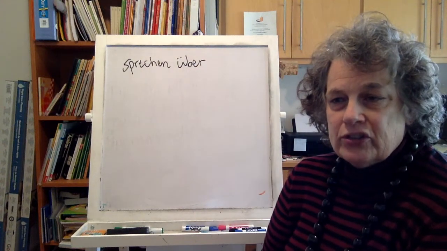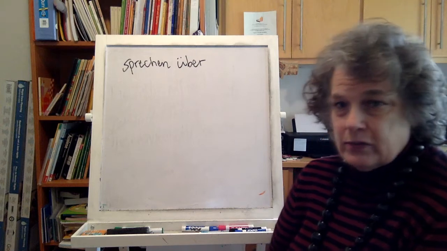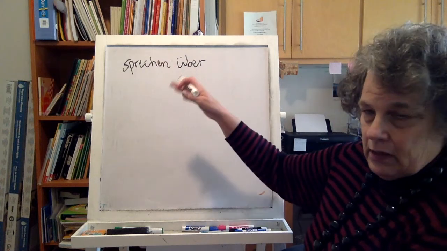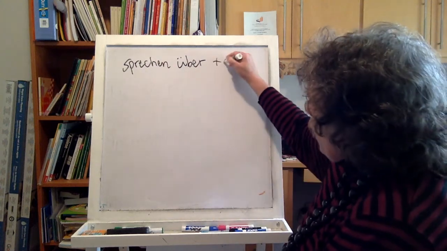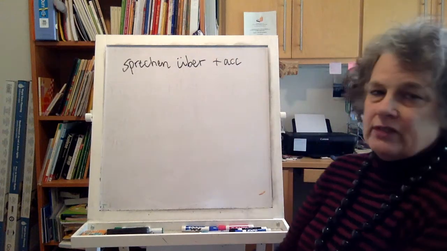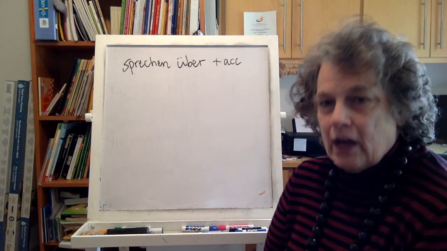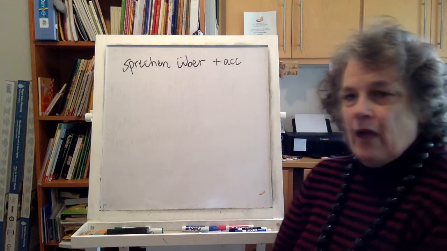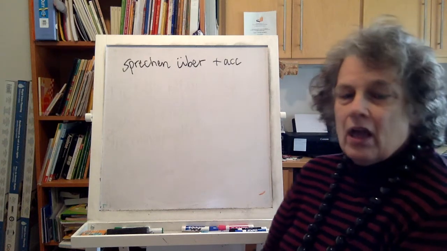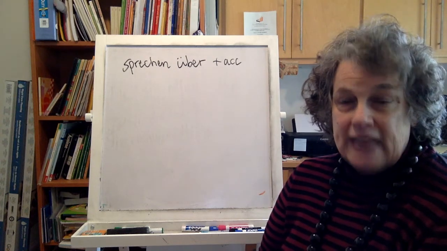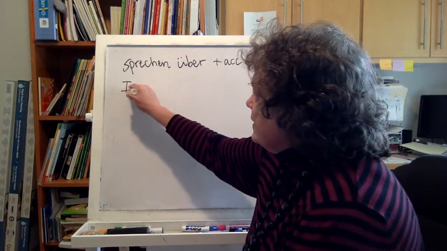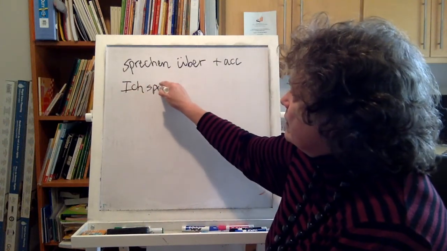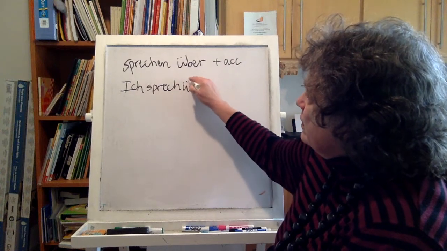And I'm going to tell you just what you need to memorize with this construction is that you're always going to use the accusative case after. Remember the direct object accusative case. So if I want to say I'm talking about the table, I would say ich spreche über.